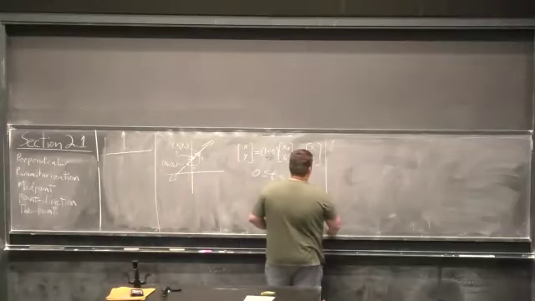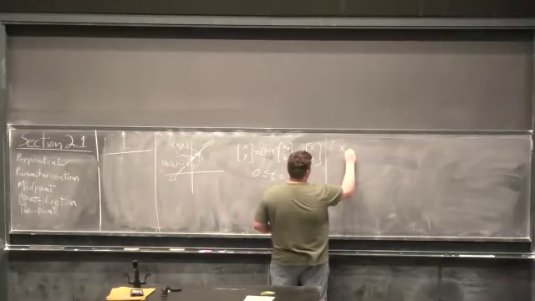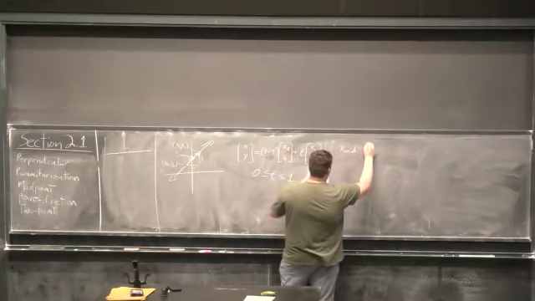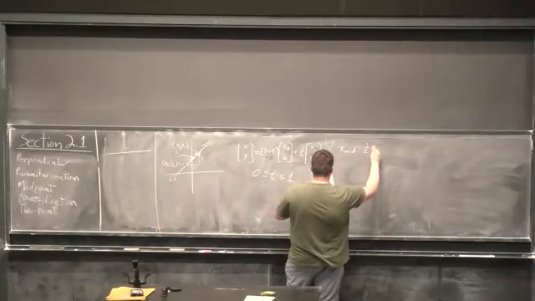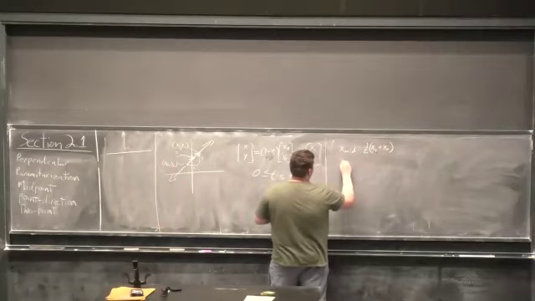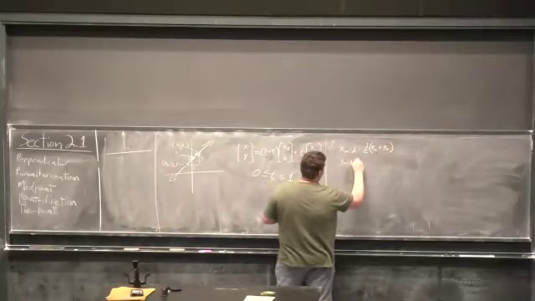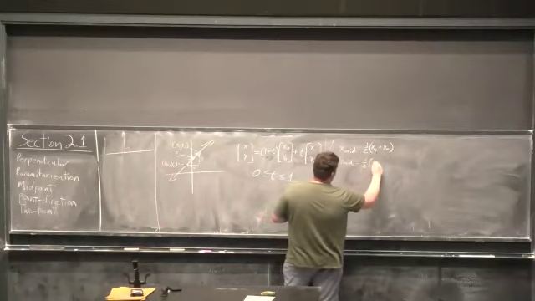And so I can just go, okay, well, x mid is 1/2 times x1 plus x naught, and y mid is 1/2 times y1 plus y naught.